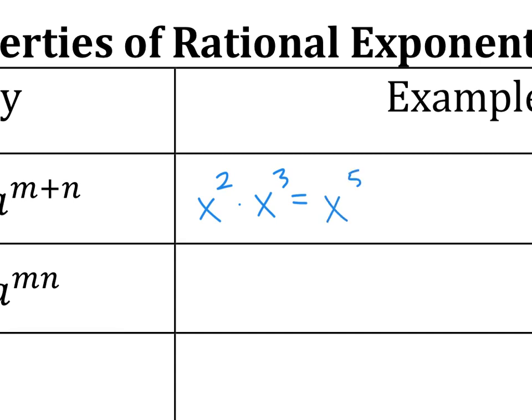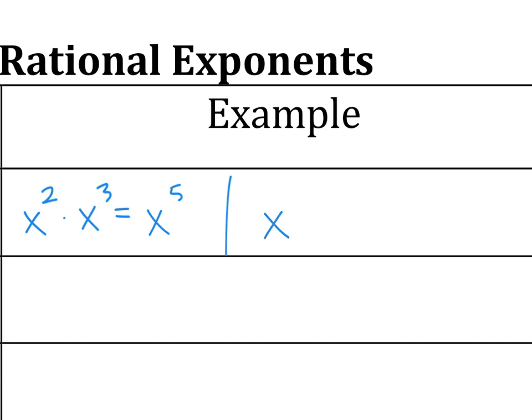Now, the hard stuff is applying this to fractional exponents. So let's try this one. X to the 1/2 times x to the 3/2. What do you do with those exponents? Multiply? We don't multiply. Add them.